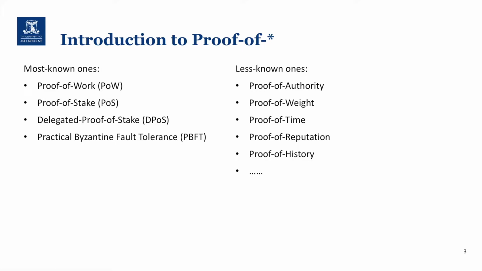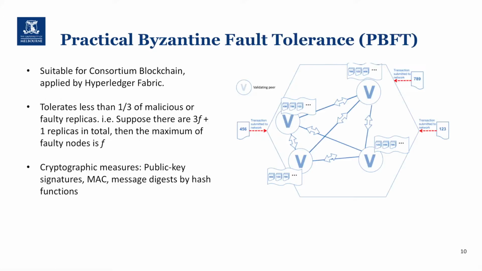There are also some less known ones, most of which are created specifically for different blockchains. Because of the restriction of time, in this video we only introduce the PBFT algorithm, and the information on POW, POS, and DPoS can be accessed in our article.